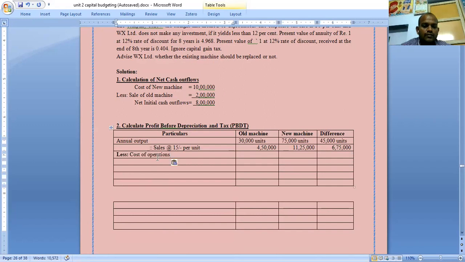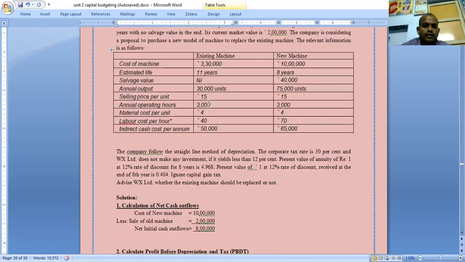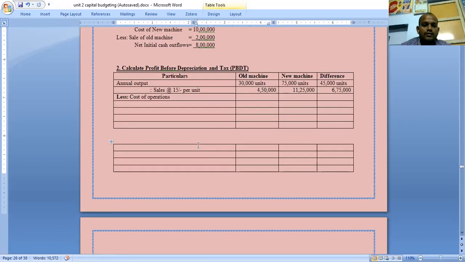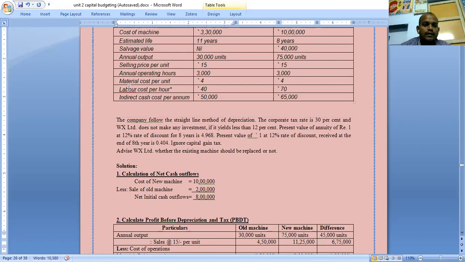Less cost of operations. First one, material, at the rate of 4 rupees into 30,000. And the second one is labor.